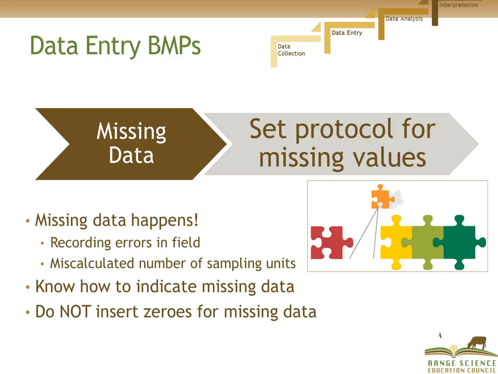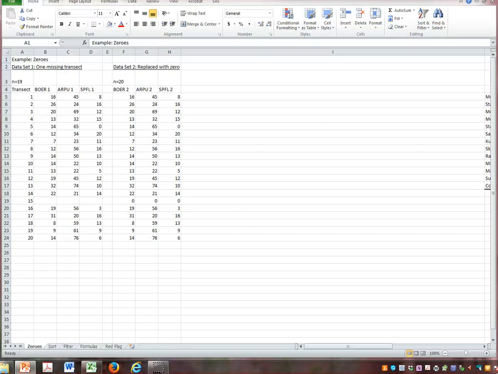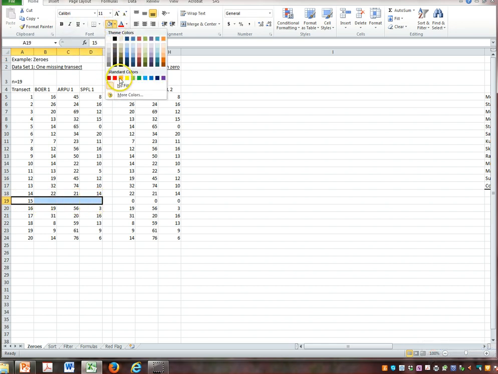And we will now switch to a spreadsheet so that we can examine why that is. In this spreadsheet here, what we're looking at is a data set that was collected in the field. There were supposed to be 20 transects, but we can see that the data from this particular transect 15 is missing.